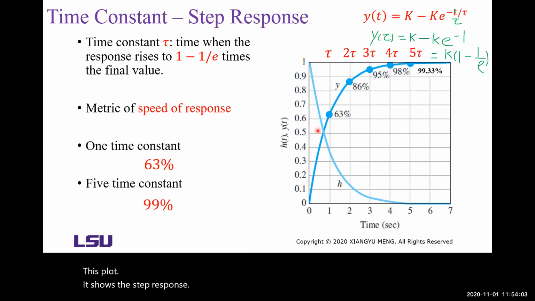Here, it shows the impulse response. For the impulse response, the time constant is defined as the time when the impulse response decreases to 1 over e of its initial value.